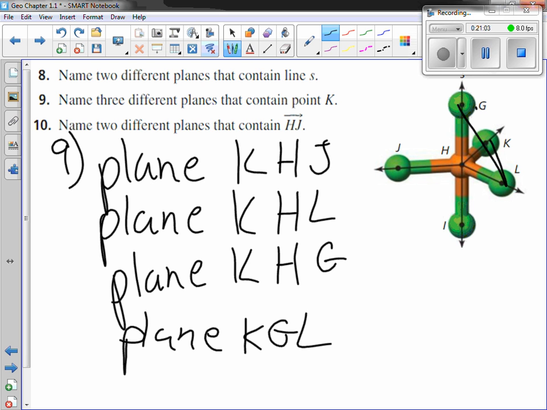I'm going to draw kind of a triangle, but it's essentially slanted. It's a flat, slanted plane. Because we never said that a plane had to be straight up and down or flat. It could be at any angle. Kind of like the roof of a house is slanted. That's essentially what we have here. KHL?